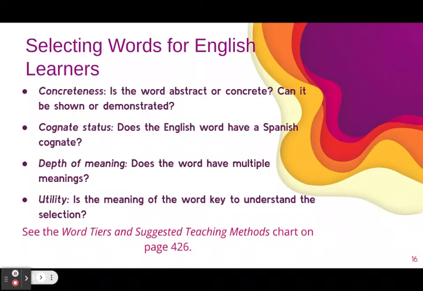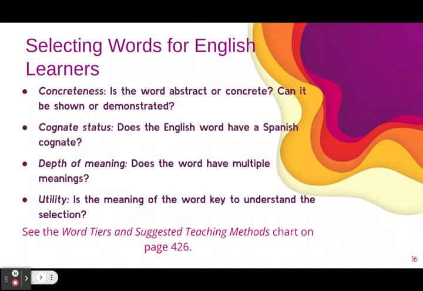So you're taking in so much information at once. You want to make sure that you're thinking about concreteness. So is the word abstract or concrete? Can it be shown or demonstrated? So like running, you could show.